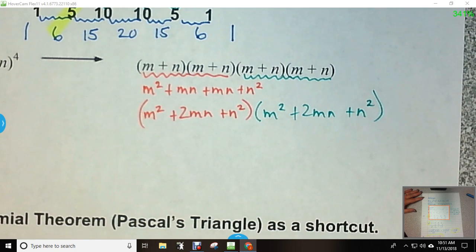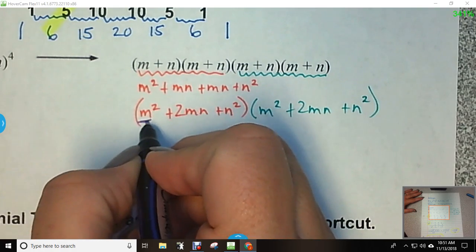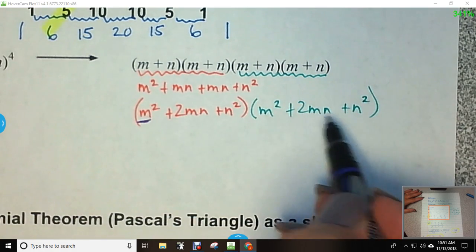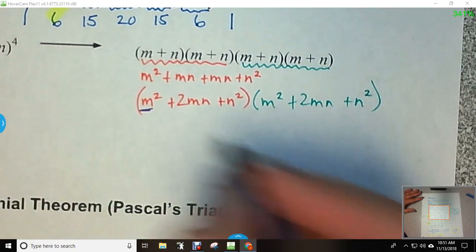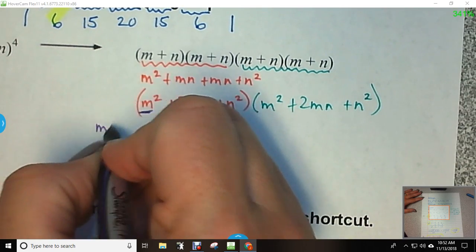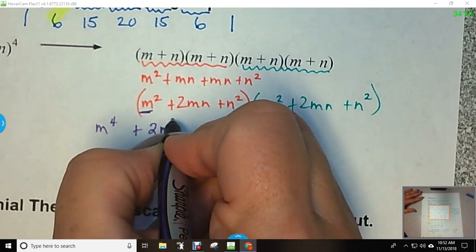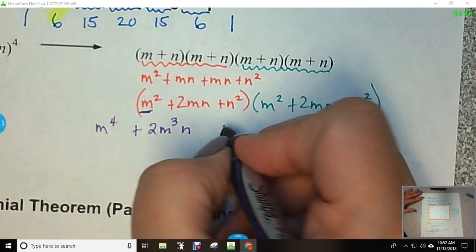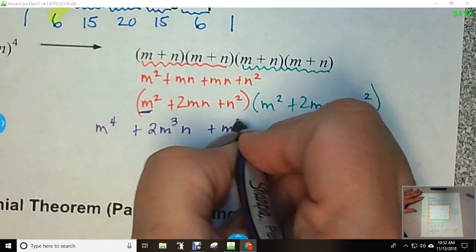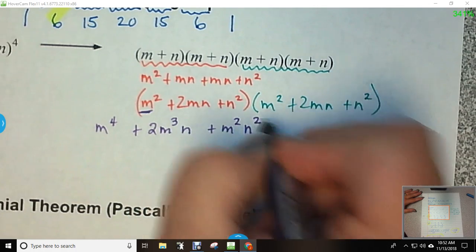Now, is everybody good up to here? Okay. So what we're going to do next is take this m squared times everything in the green parenthesis. So that will give me m to the fourth plus 2m cubed n plus m squared n squared.